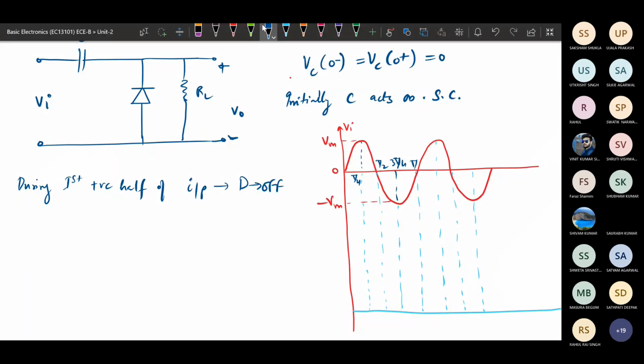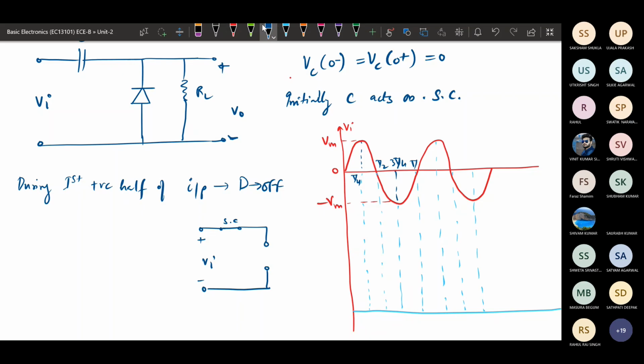Its circuit we can represent like this: a short circuit capacitor and a diode that is reverse biased, so it will be an open circuit.